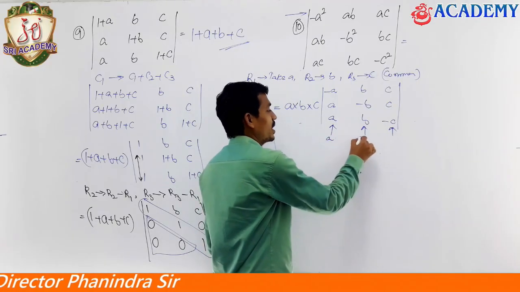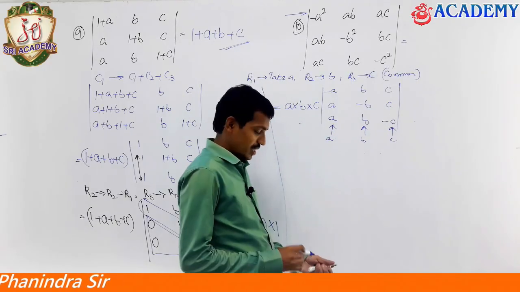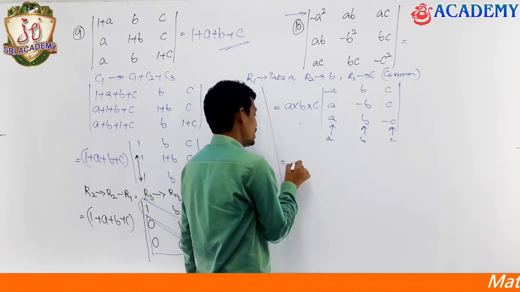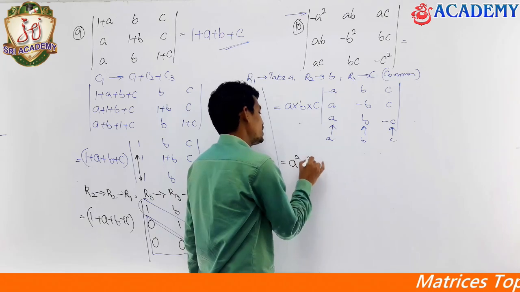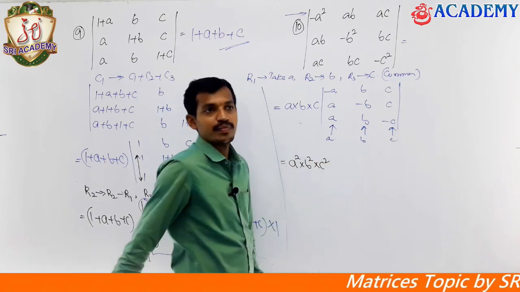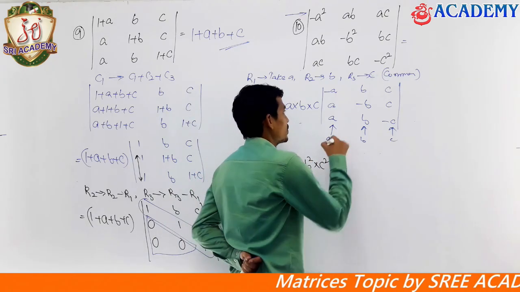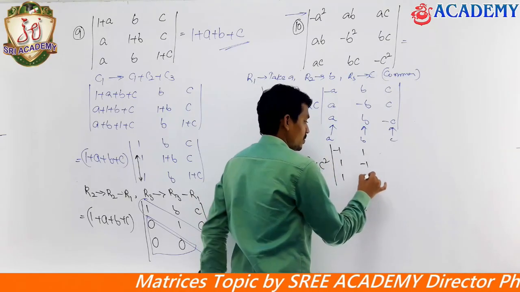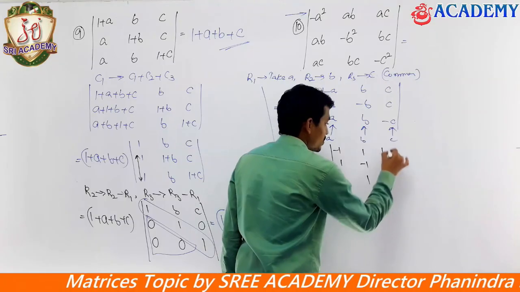That gives A square, B square, C square, with rows minus 1, 1, 1; 1, minus 1, 1; 1, 1, minus 1.